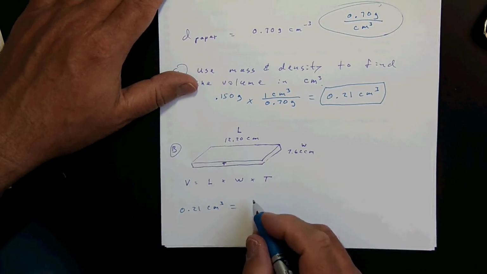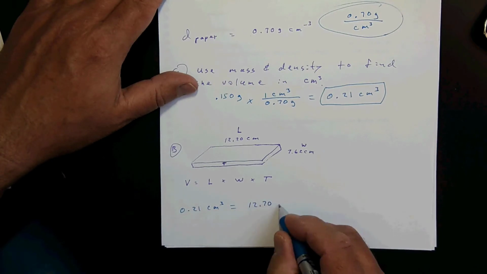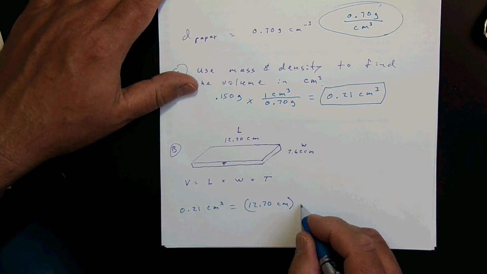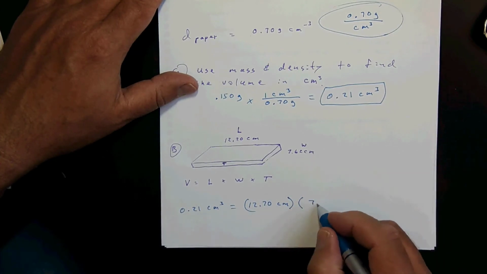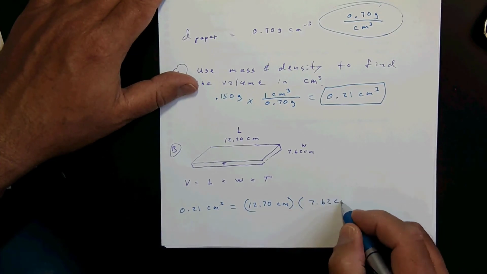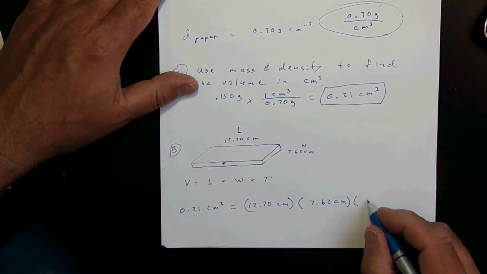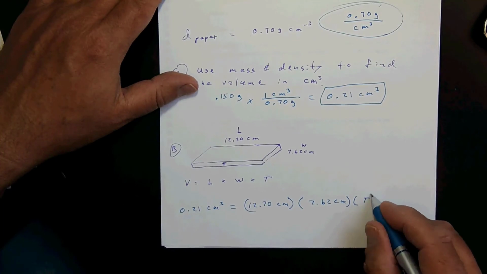And that's equal to this length, 12.70 centimeters, times this width, 7.62 centimeters, times this thickness, k.